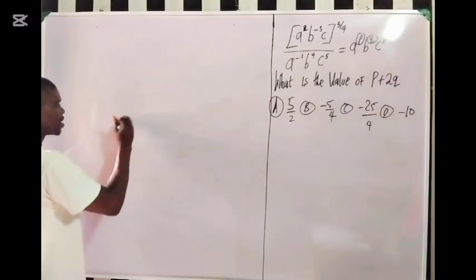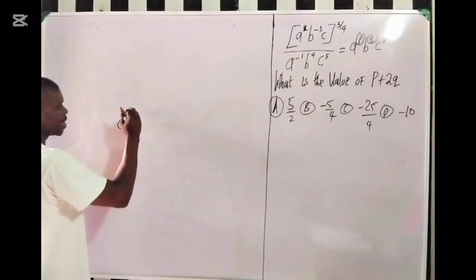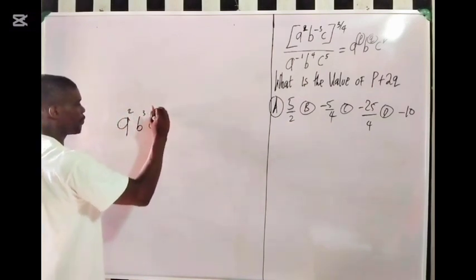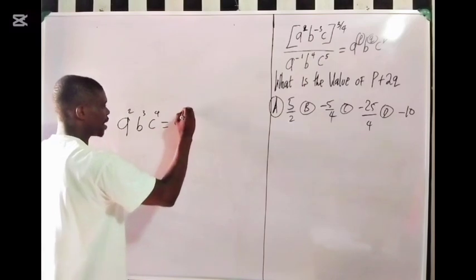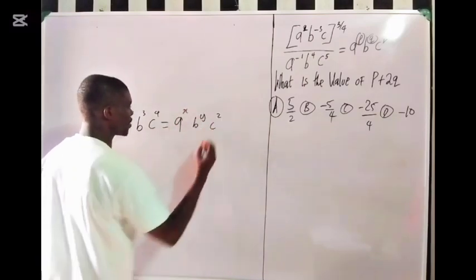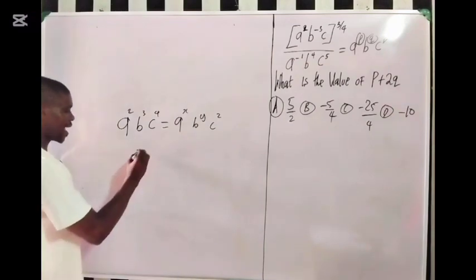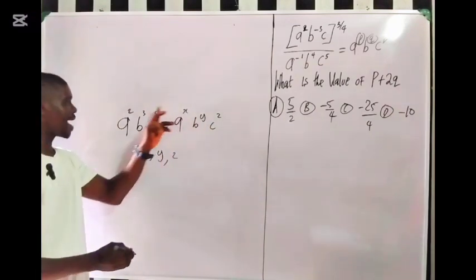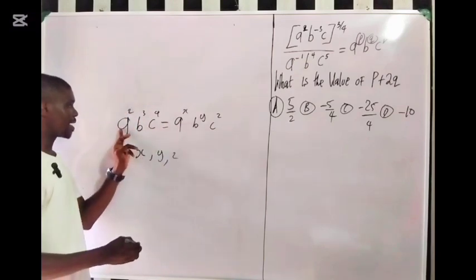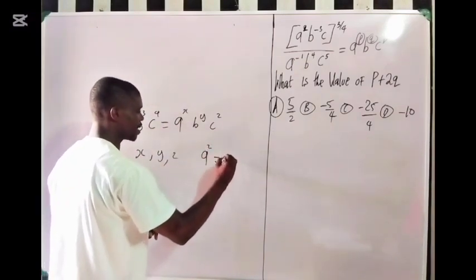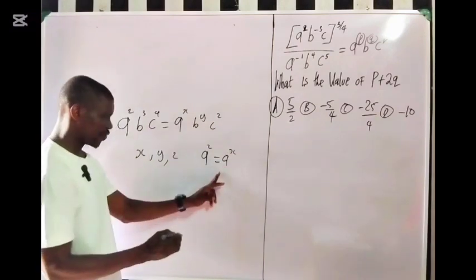For example, here we have A^2, B^3, C^4 equals AX, BY, and CZ, right? Now ask what are X, Y, and Z. From here, what is X? A^2 equals A raised to X. Check it very well.